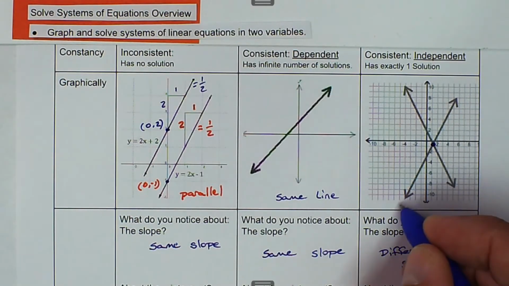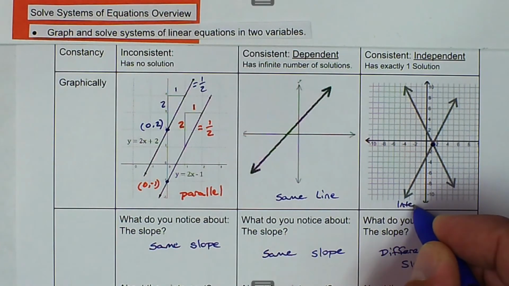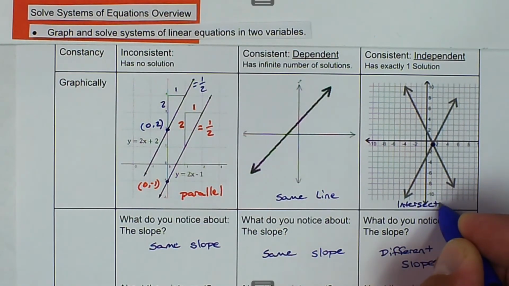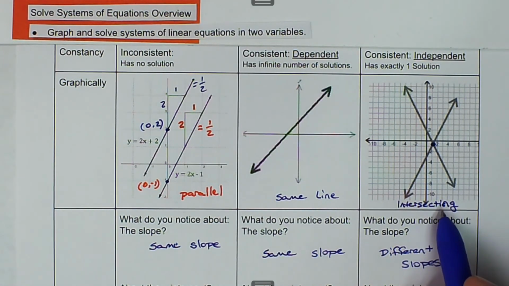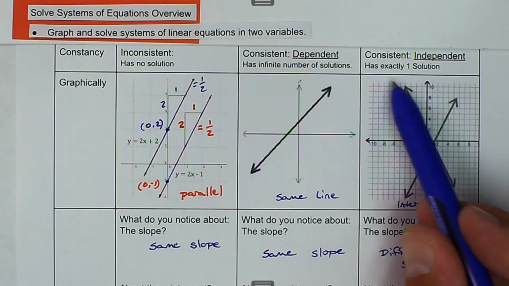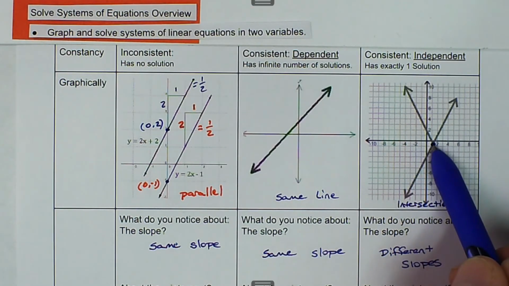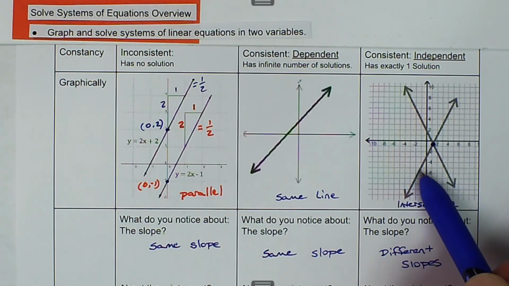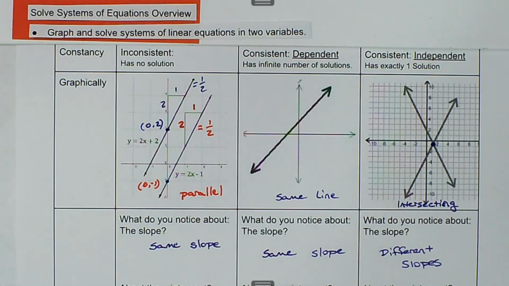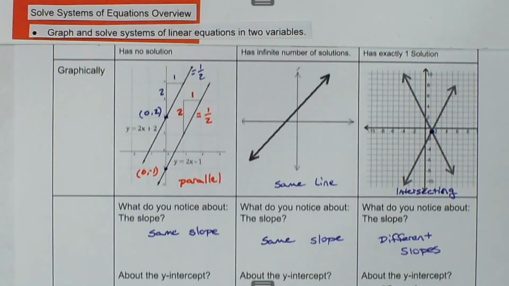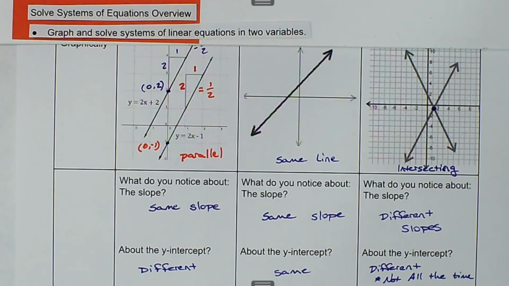And then the last one we have is intersecting lines. We have intersecting lines, and it has exactly one solution with different slope and usually a different y-intercept, but not always.